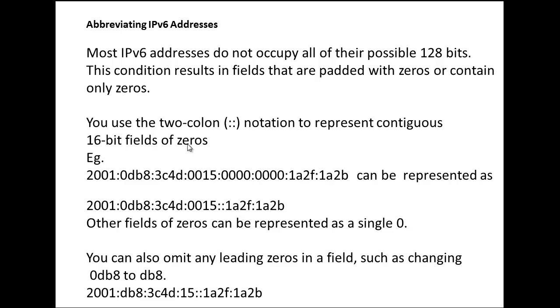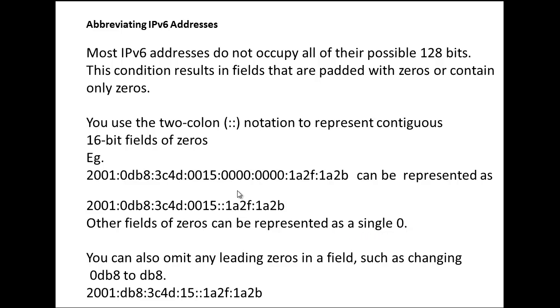So instead of writing out this whole hex number, we can shorten it by putting two colons to represent the two fields of zeros. If we have other fields of zeros within that same hex number, we can also shorten the address by representing the other zeros with a single zero.